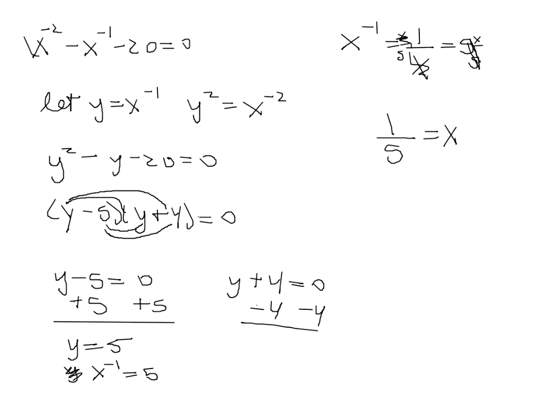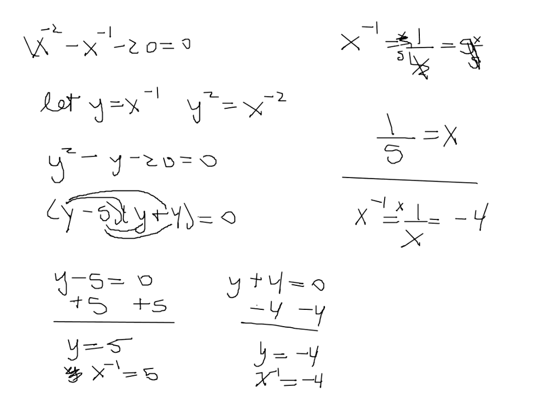Repeating over here, y equals minus 4, y is x to the minus 1. x to the minus 1 is 1 over x, which is equal to minus 4. And again, multiplying both sides by x and dividing by minus 4.